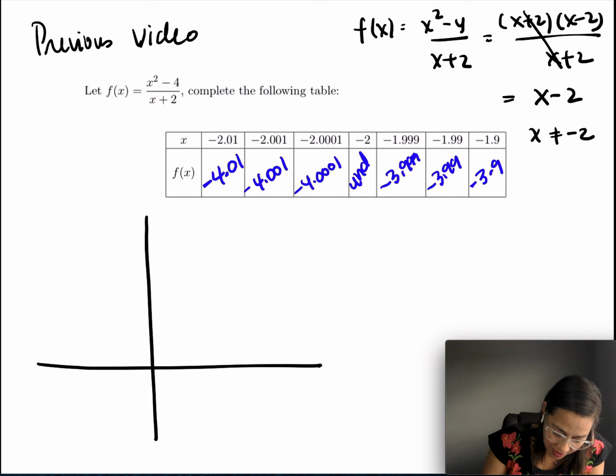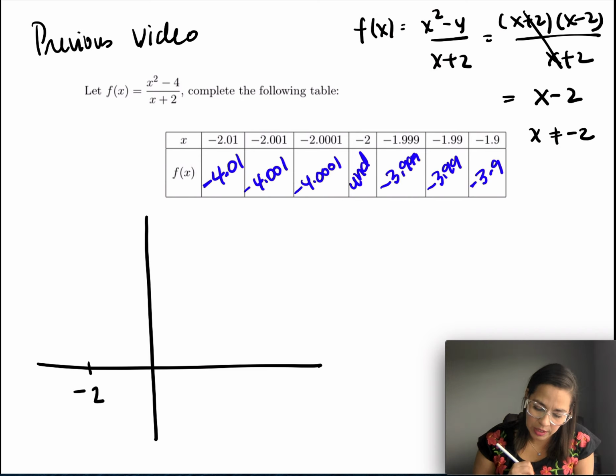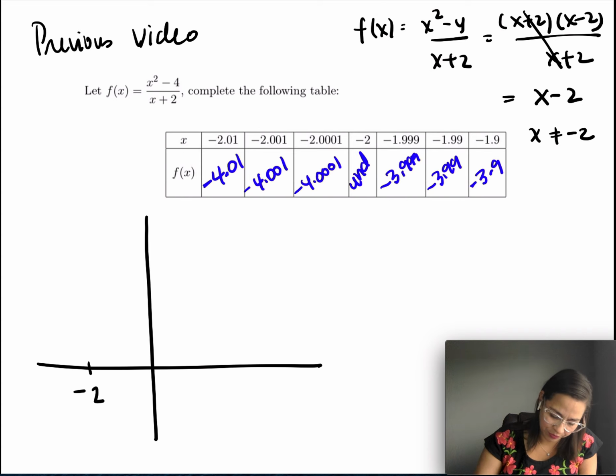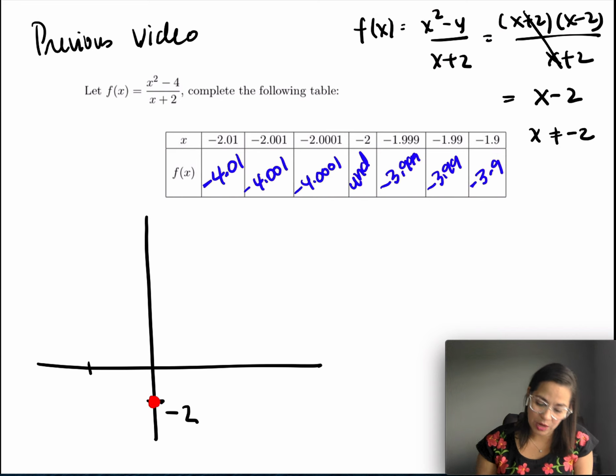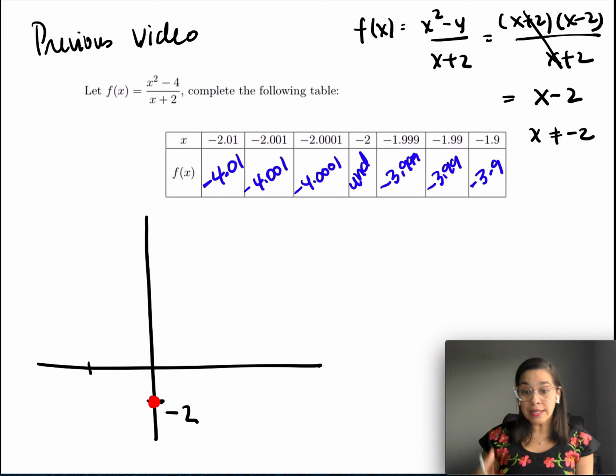So the graph of the function will look like this. When x is equal to 0, I get that y is equal to negative 2. So I have a point here. Let me change colors. And then when y is equal to 0, then x is equal to 2.